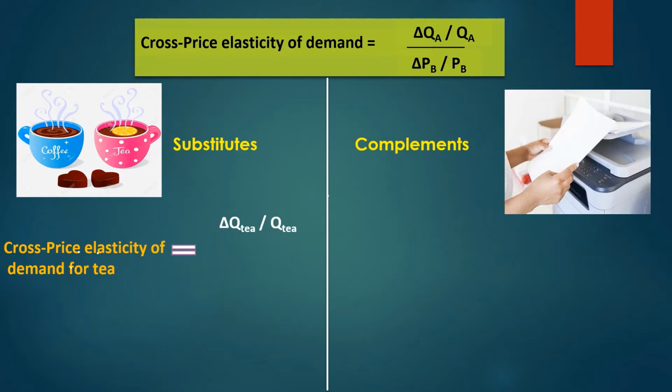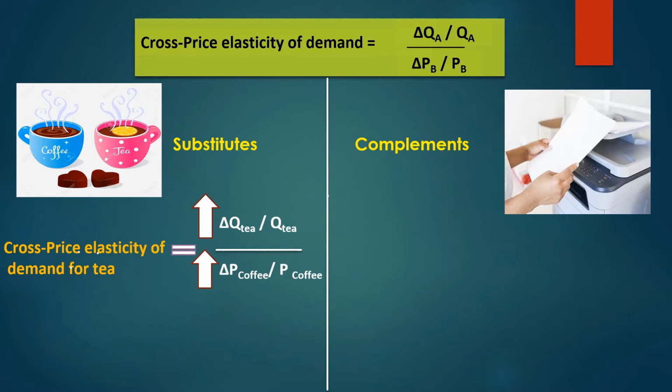Proportionate changes in the quantity demanded for tea because of the proportionate changes in the price of coffee. So if the price of coffee is increasing, then what would happen to the quantity demanded for tea? It will also increase. Why?